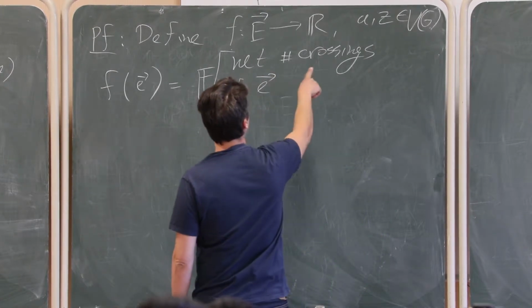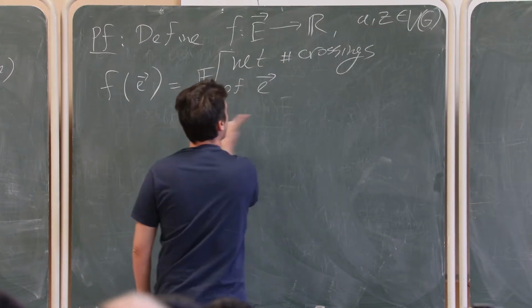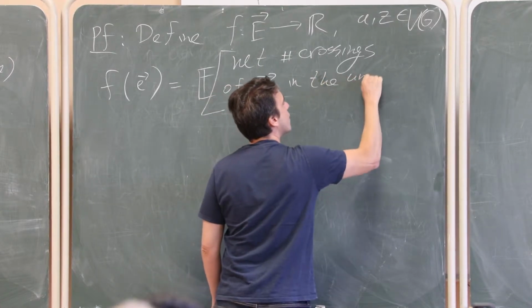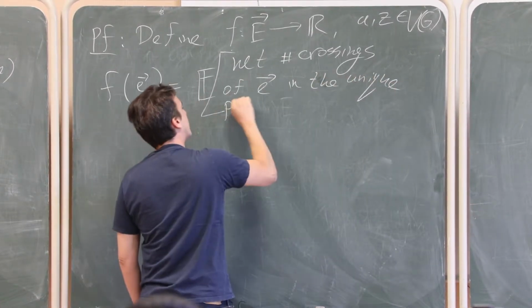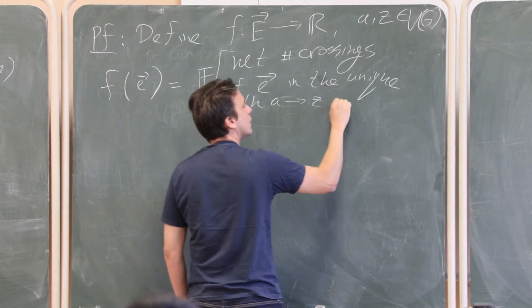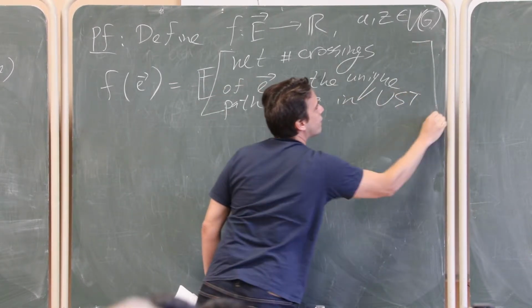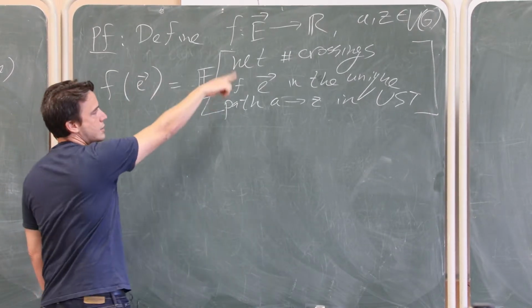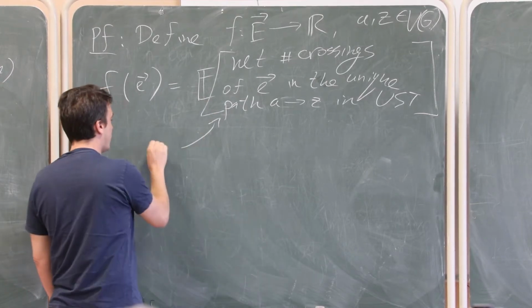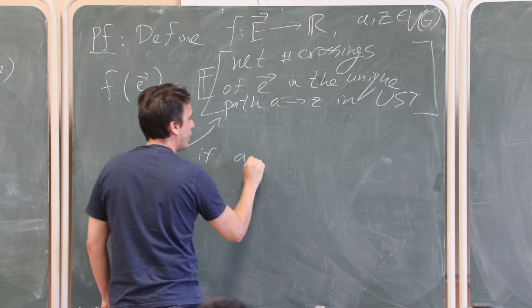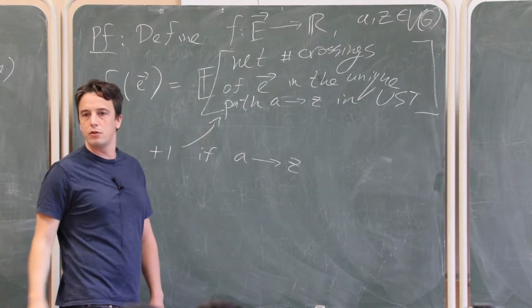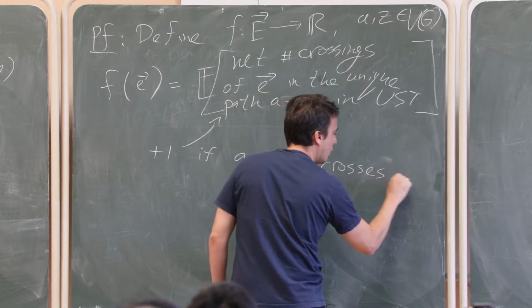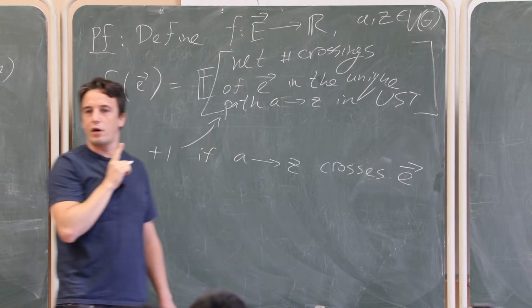So f of e is the expected number of net crossings of e in the unique path from A to Z in the UST, in a uniformly drawn spanning tree. And what is this net crossing? So this number is +1 if the unique path from A to Z crosses e in the right direction.